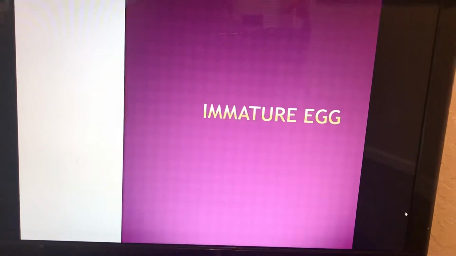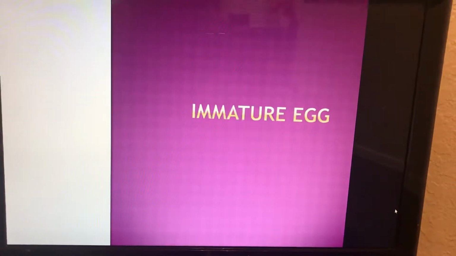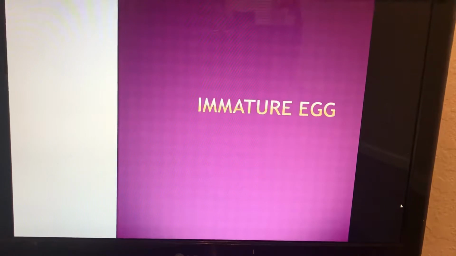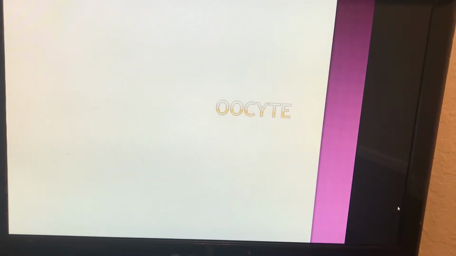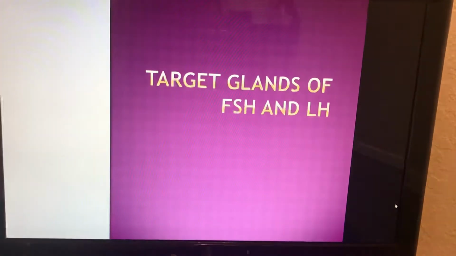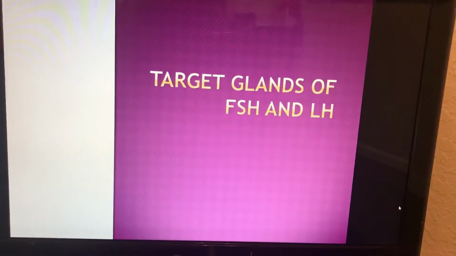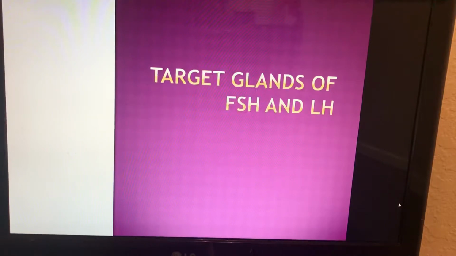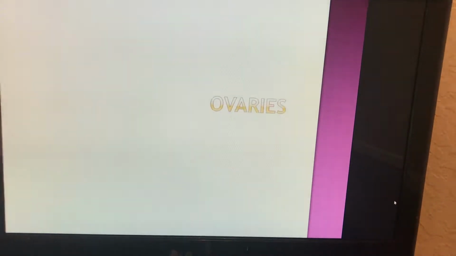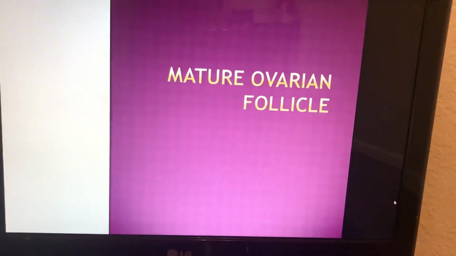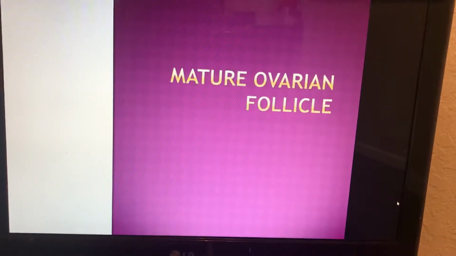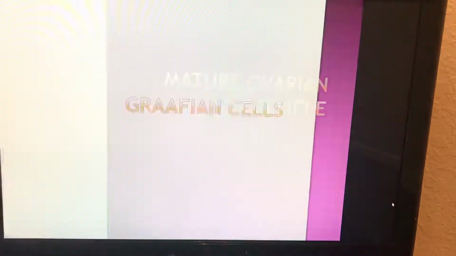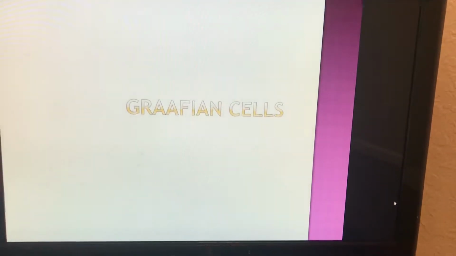The hymen. The term for an immature egg. Oocyte. Target glands of FSH and LH. Ovaries. Mature ovarian follicle. Graafian cells.